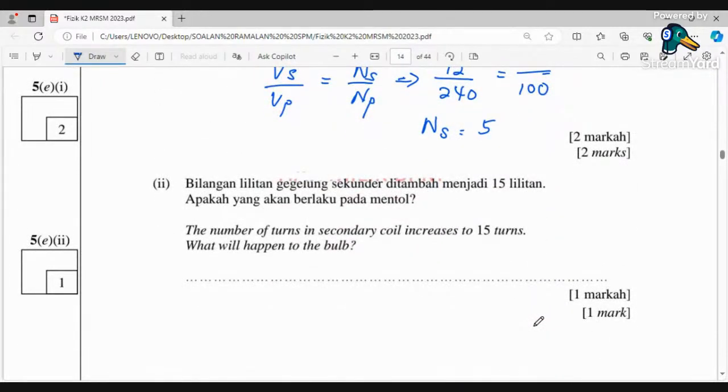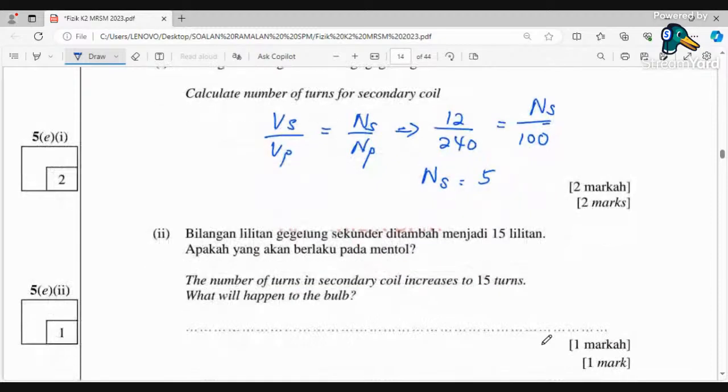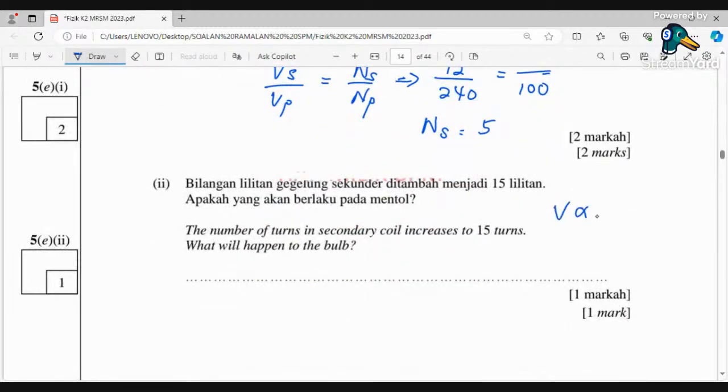Number of turns secondary coil increases to 15 turns. What happened to the bulb? Okay, we can check the maximum voltage. The number of turns was 5. If you make it 3 times larger, the voltage produced will become 3 times bigger because V and N are directly proportional. This becomes 15, so this will become how much? 36.